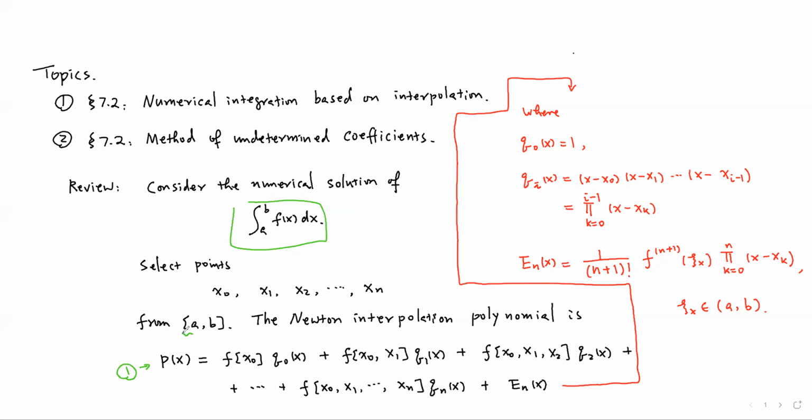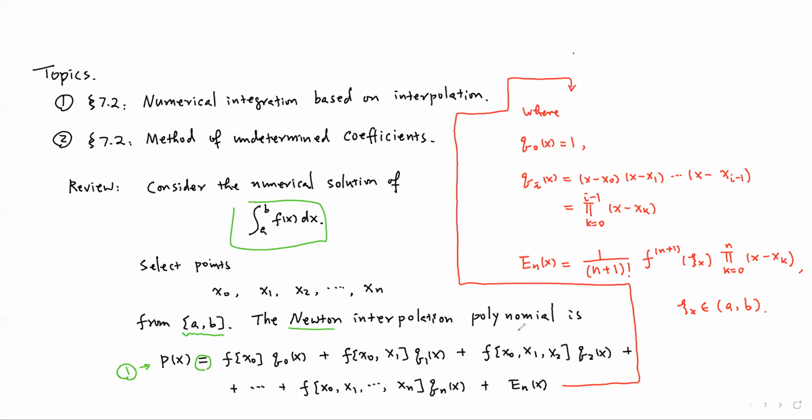From the interval AB, we pick some points, n+1 points, and we assume these points are different. Then the Newton interpolation polynomial at these points is given by this equation.